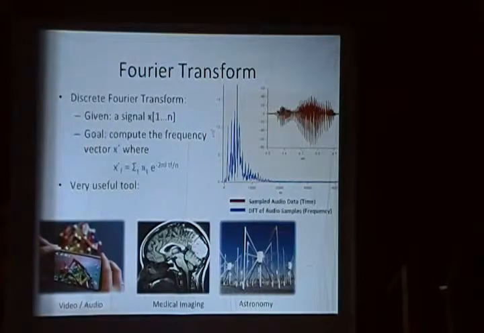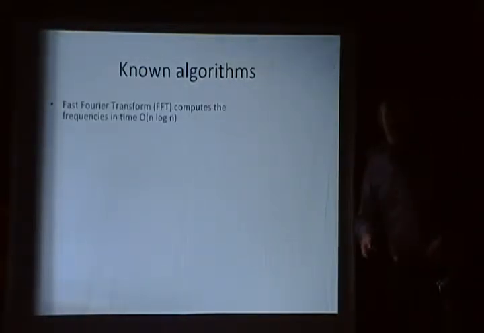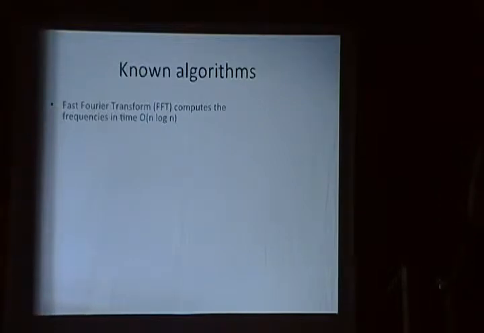For this reason, we would like to solve it as efficiently as possible. All of you know that the fastest to date algorithm for solving the discrete Fourier transform is the FFT. It was invented in the 60s by Cooley and Tukey, but the history goes even further back, even to Gauss.